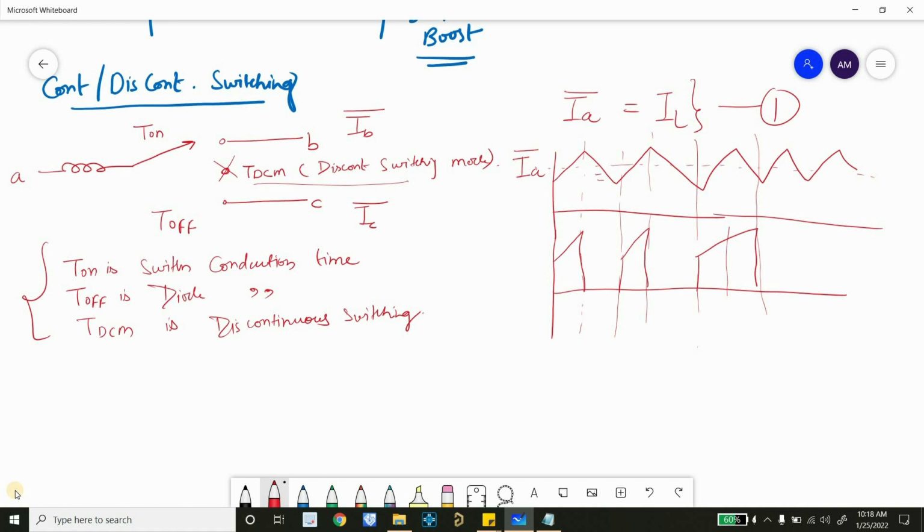Now, what will be the average current flowing through node A to node B when the switch is on? That will be I_B. So I_B will be the average of these waveforms.